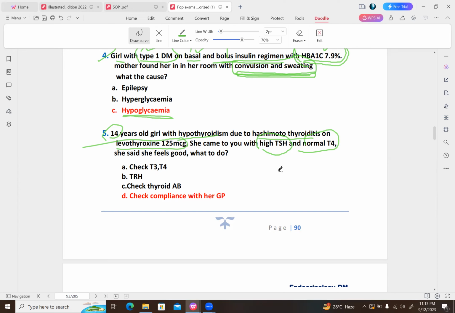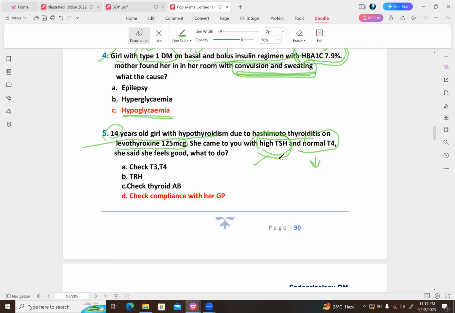Look what happens. This girl is not having good compliance with the drugs. And how do I come to know this? Because if her TSH is high, her T4 should be low. The feedback mechanism: if one is low, the other is high.